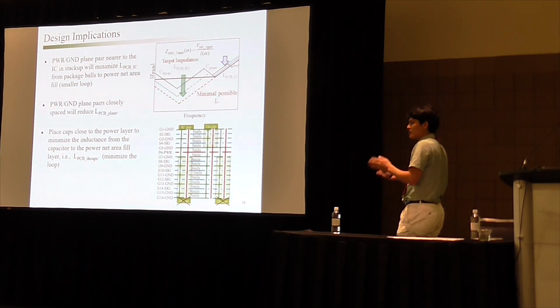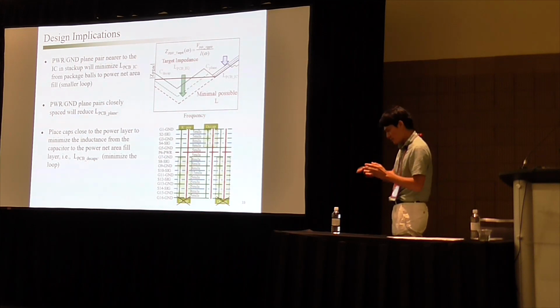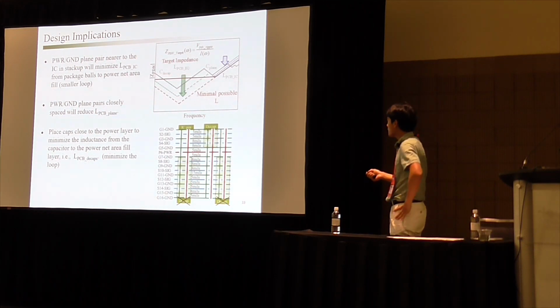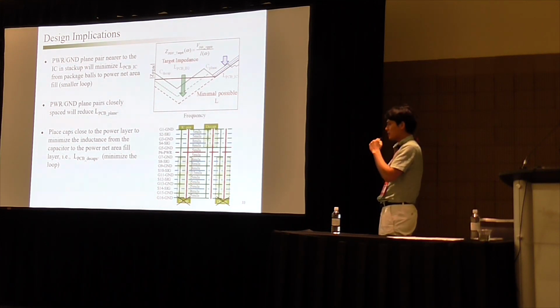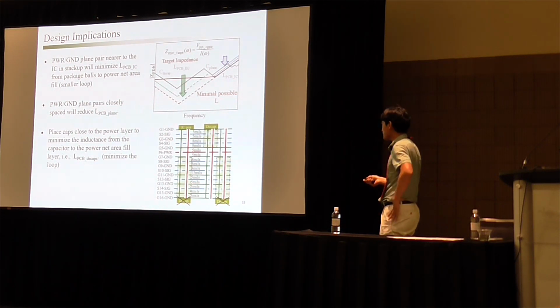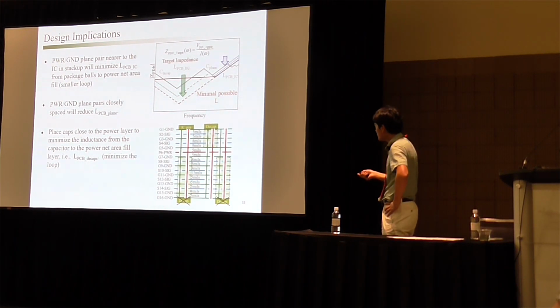At each frequency, there's a specific geometry that can reduce the PDN impedance. So if you want to reduce this region, adding capacitors doesn't help at all. The only way to reduce this inductance is to add more vias between the power ground plane and IC, or place the power layer very close to this IC, so that we can reduce the inductance between this IC and the power ground plane.